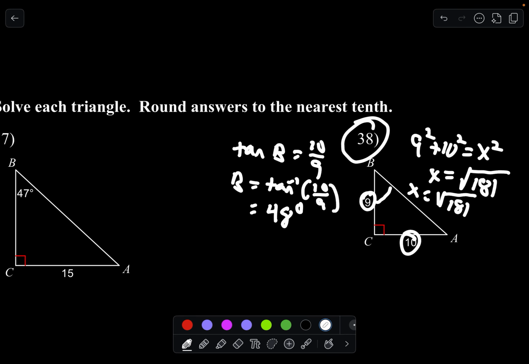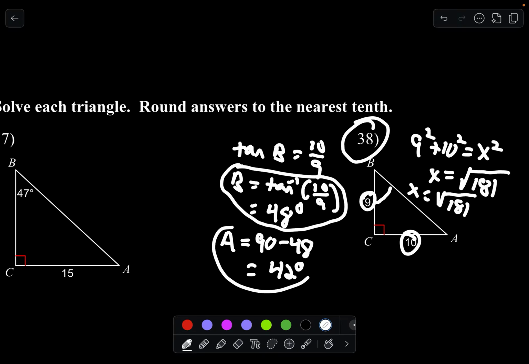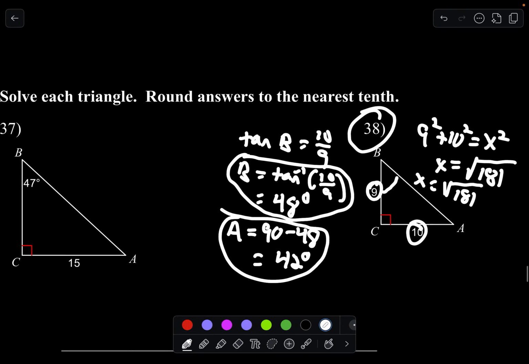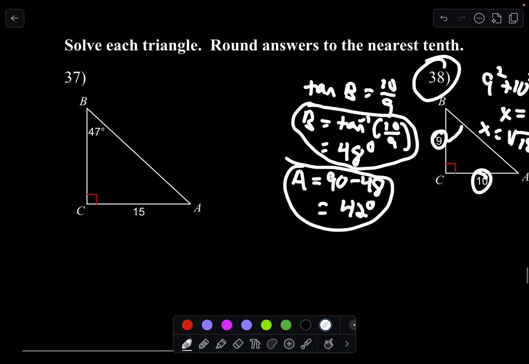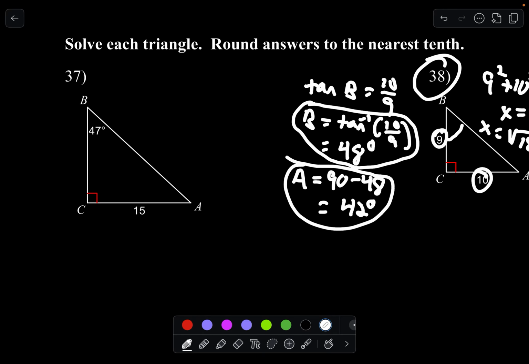If B is 48 degrees, we can get A easily. A is going to be 90 minus 48, which is 42. So angle A equals 42 degrees. So here's one answer, here's the other, and we got all the sides. We solved the triangle, which means we found all the sides and all the angles.